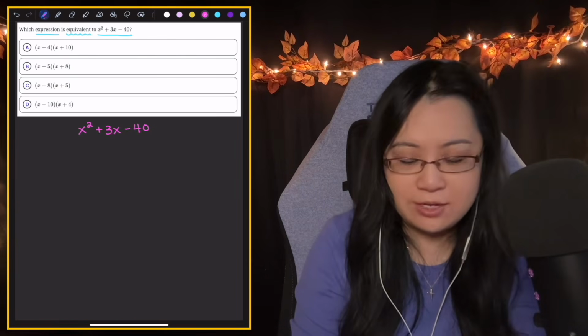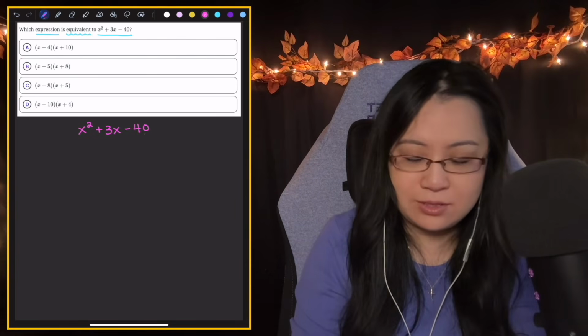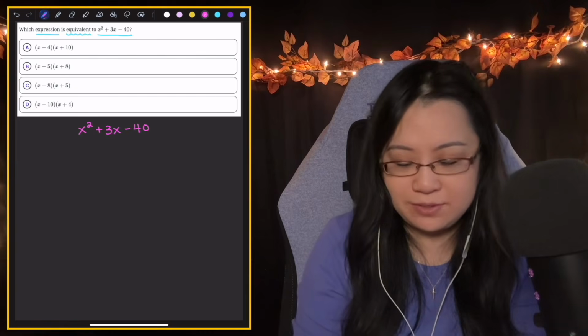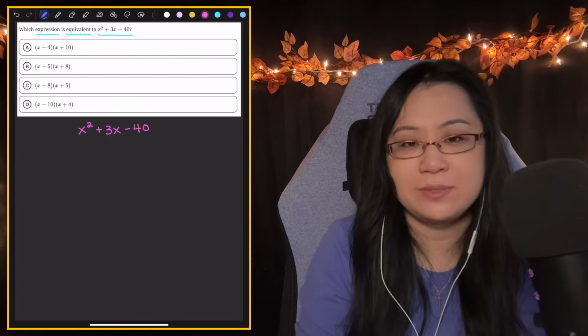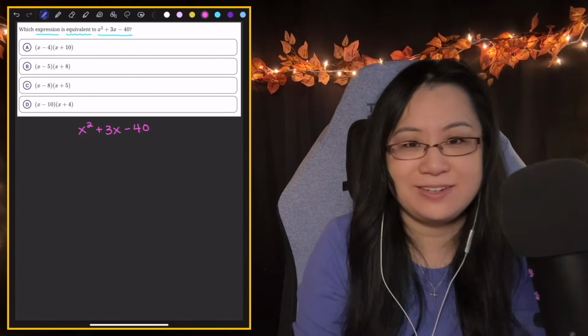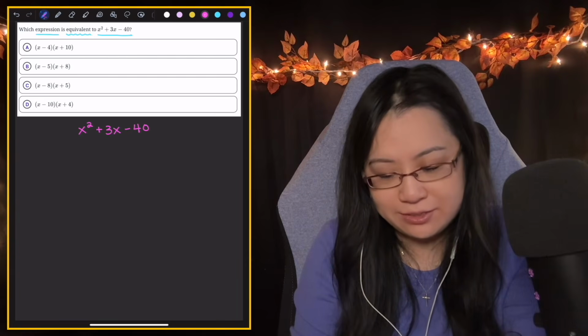So if at any point this feels kind of confusing to you, that just means you gotta take a little bit of time to go over this concept, okay? So we're just going to use this as a little roadmap to see where you need more practice. But otherwise, play along, follow along, and let's see what factors we get.